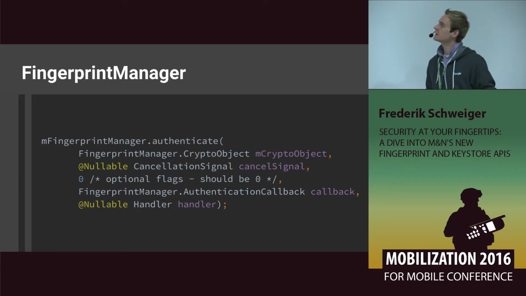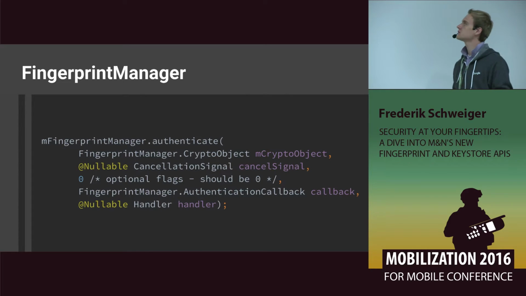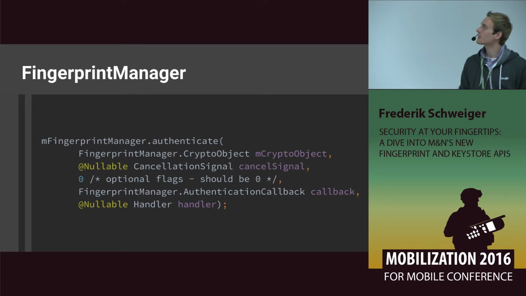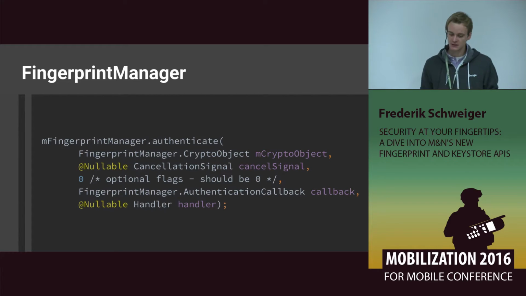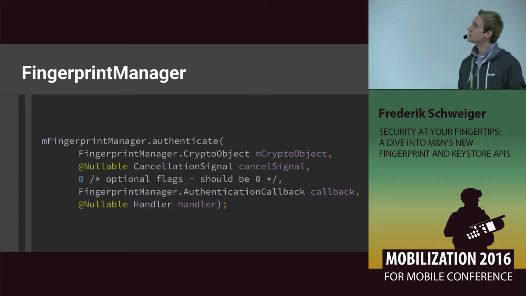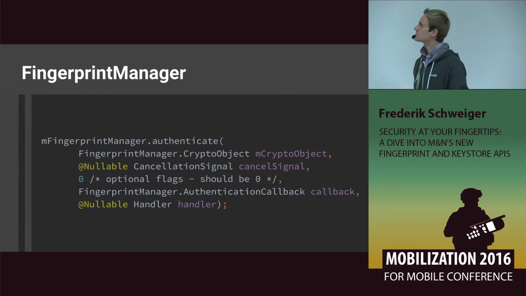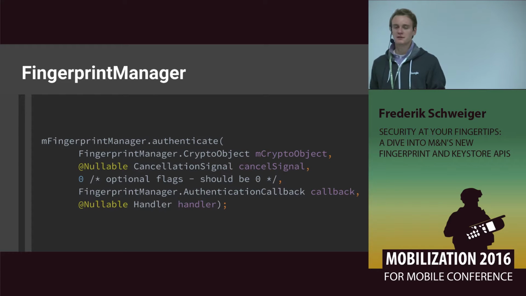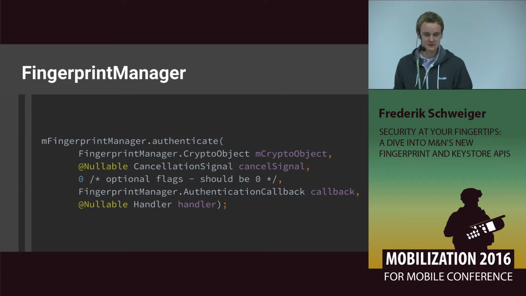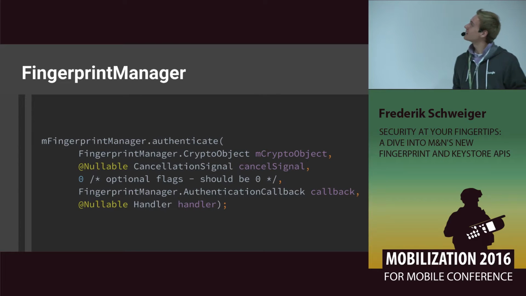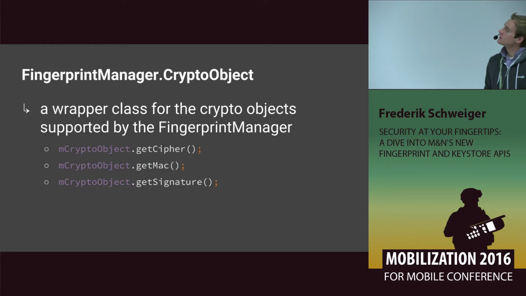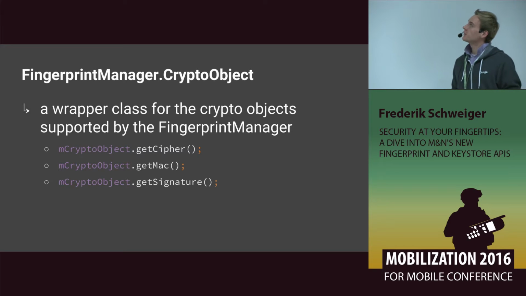Okay, the Fingerprint Manager has one important method. It's called authenticate, and it takes a crypto object, which is basically a wrapper for a cipher or a signature or something like this; a cancellation signal in order to cancel the fingerprint authentication process; optional flags, but they should always be null or 0, sorry for that; and the authentication callback and a handler on which the authentication callback will be called.